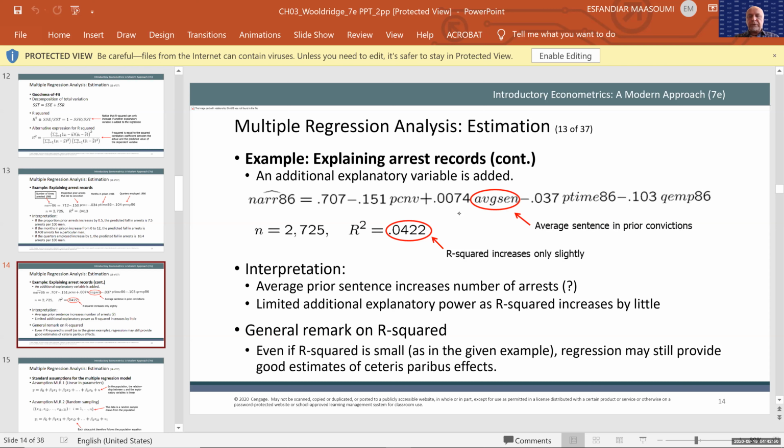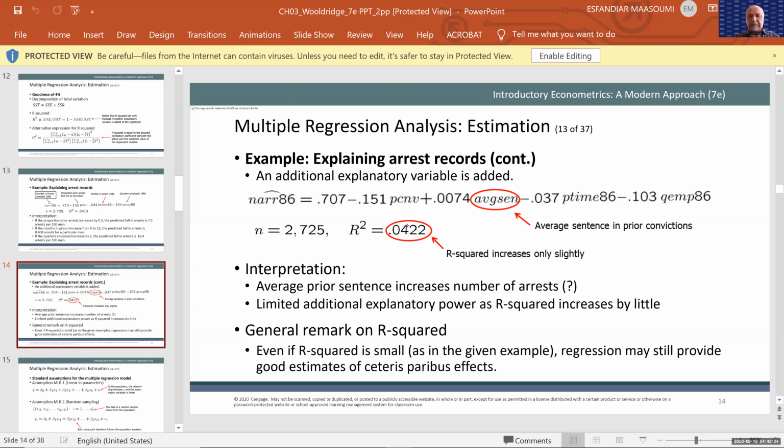We'll learn how to test for the significance of this. How different from zero is it? R squared is still very low. It's not a lot of explanatory power to this regression. Maybe there are other variables that matter. Maybe the functional form is wrong. Maybe number of crimes have nothing to do with these individual effects. The question of macroeconomic situation, prior life experience, and so on.